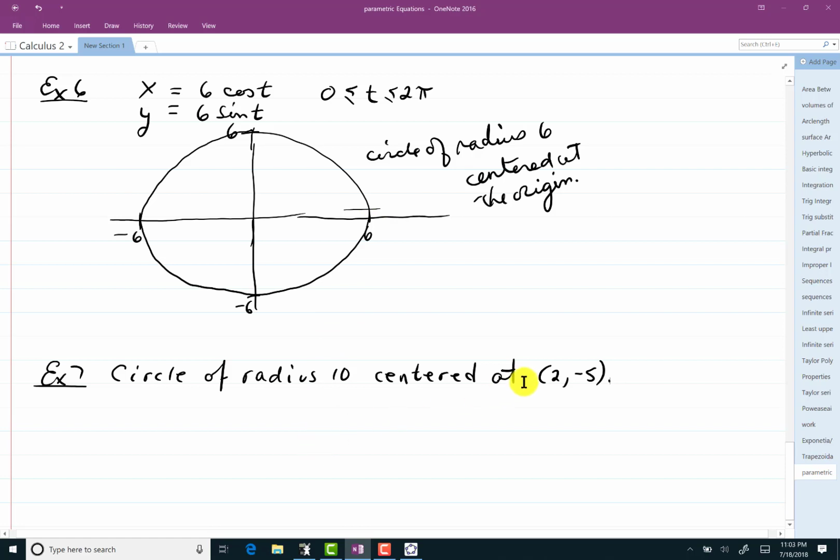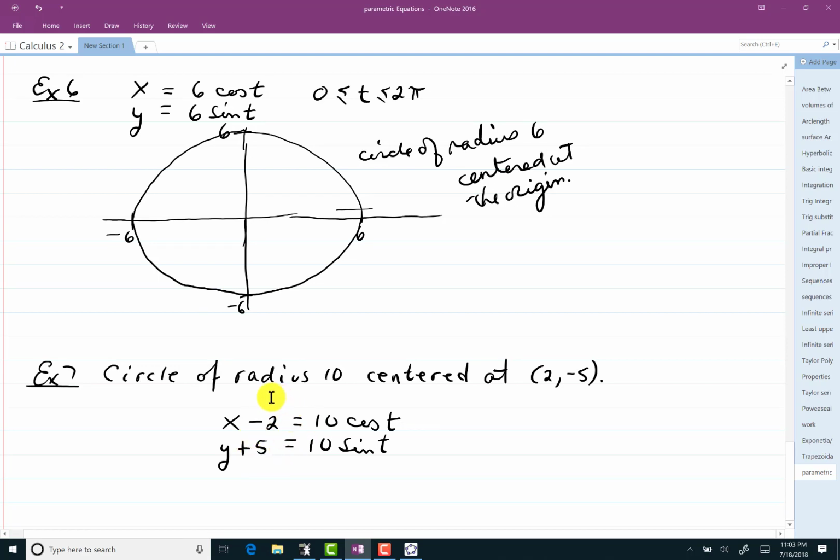So the way you can shift the circle to this point is to write x minus 2 equal to 10 cosine of t, y minus -5. Now what it does is the center will be 2, -5, and about that point you'll have a circle of radius 10.